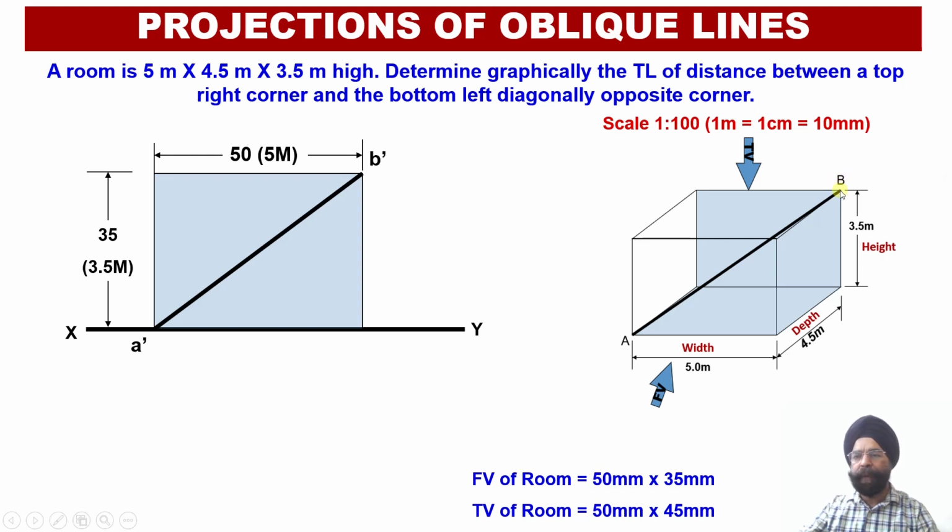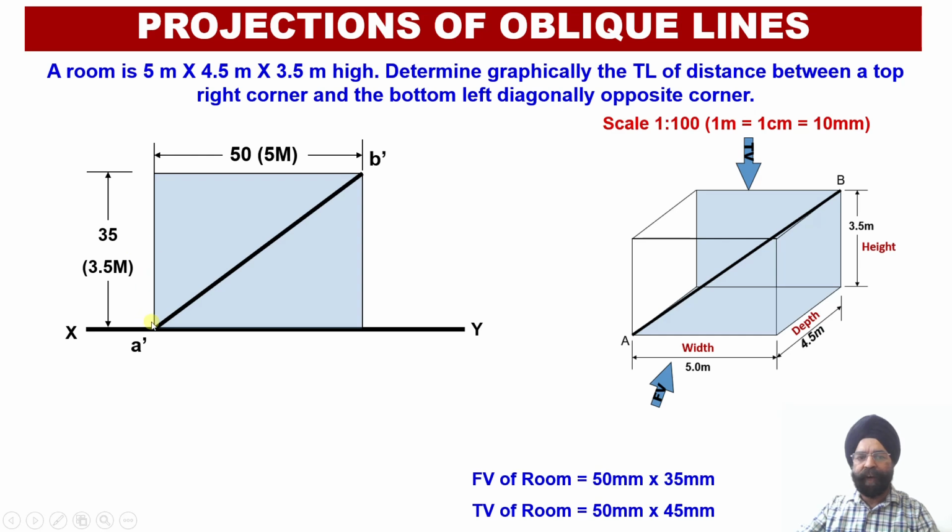So this point B will be projected over here as we are going to look at this particular room from the front side, and we will be getting point B dash in the front view, which will be located at the topmost corner of this particular front view.